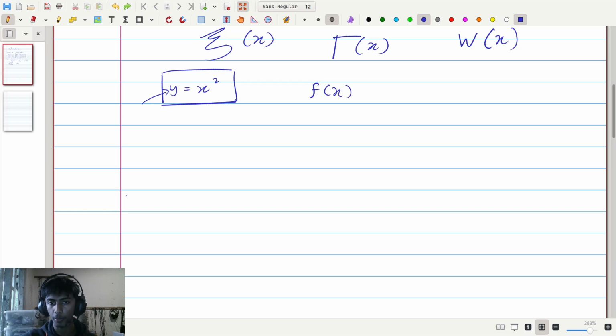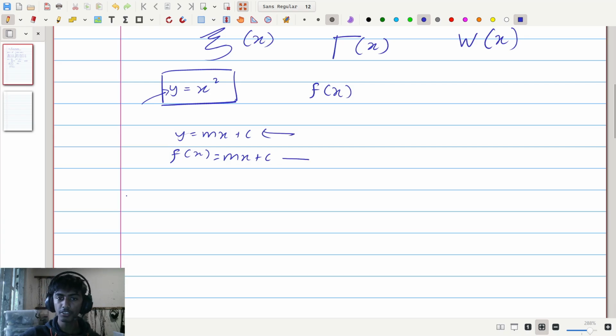But this is also common, and you would no doubt use this notation when you want to draw a graph. For example, y equals mx plus c is a line, but if we instead have f(x) equals mx plus c, it's the same exact thing, except now we're treating it like it's a function. This is more geometric, this is more functional, more in the realm of functions.